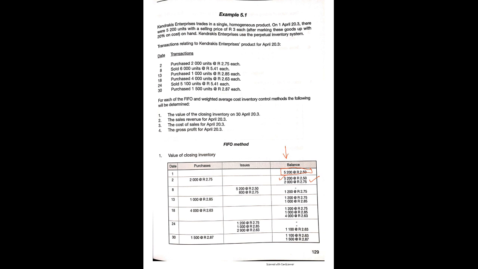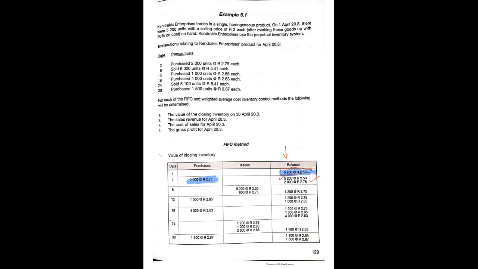So literally just whatever was there already, which is the opening balance. I'll highlight that for you. So your opening balance was the 5,200 at 2.50. You had purchased this on the 2nd. So on the 2nd, there is still the closing balance that needs to be made. So that was the original 5,200 at 2.50 that was there.